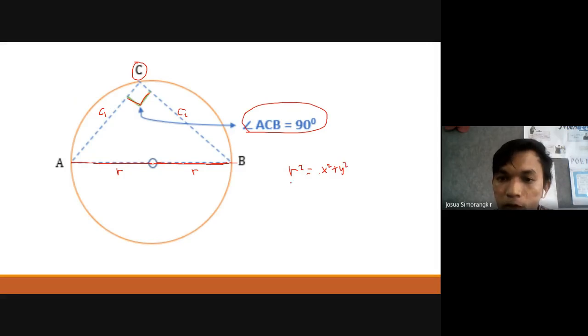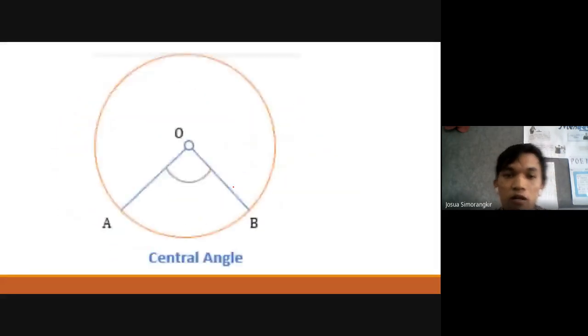We call this the Pythagorean theorem. So I continue to the properties here. It will have the angle 90 degrees.